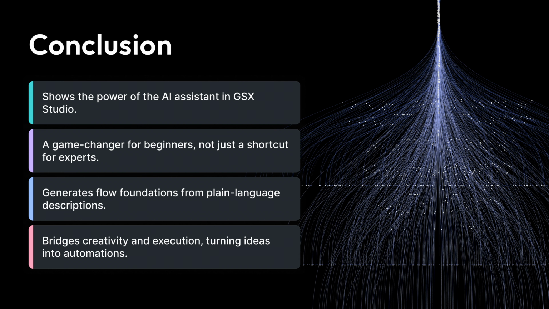Instead of starting from scratch, they can describe what they need in plain language and instantly get a working foundation to build on. For experienced users, it speeds up experimentation, letting them focus on fine-tuning logic rather than wiring steps. In the end, it bridges creativity and execution, turning ideas into functional automations faster than ever.